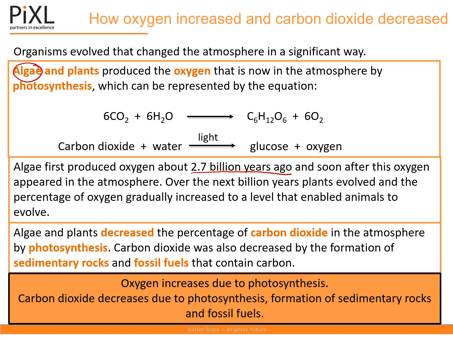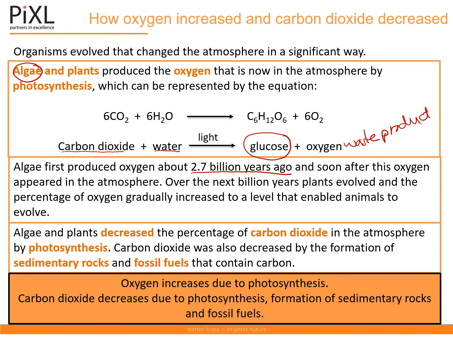So the algae and the plants would start the photosynthesis, which involved taking carbon dioxide out of the atmosphere along with some water to produce glucose and oxygen. The glucose is the product that they want, and the oxygen is a waste product, and that is released.